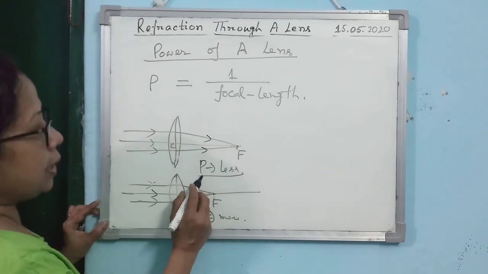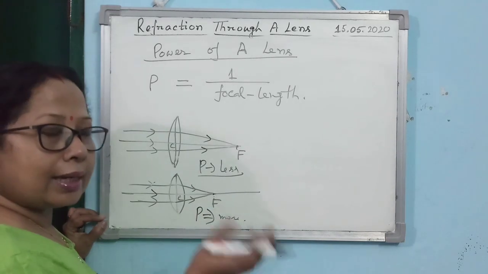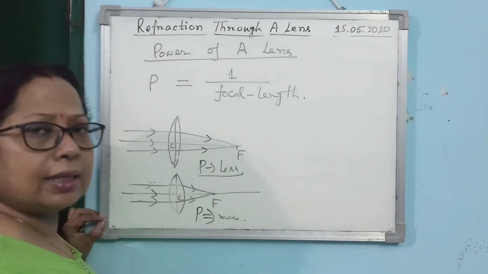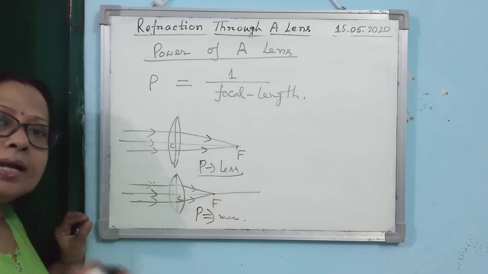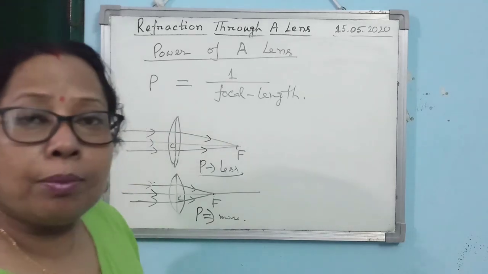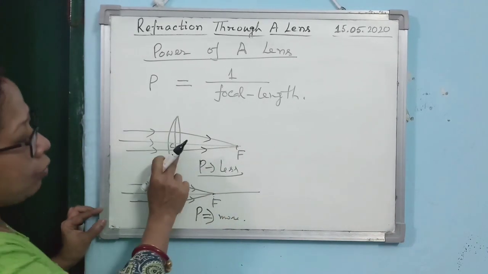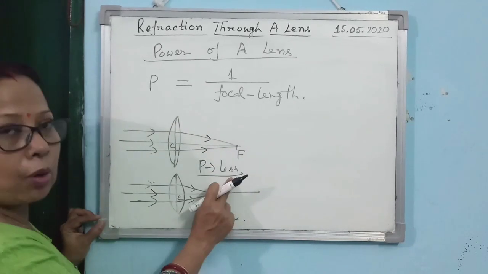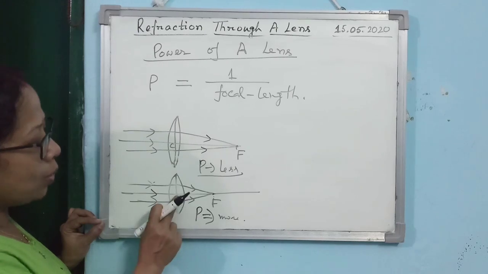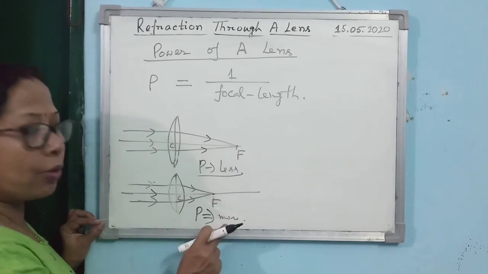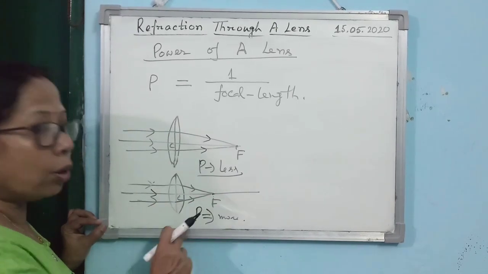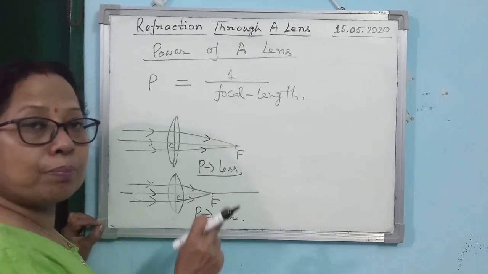So you see, what I said, the definition is ability to converge and diverge. But from that definition, it is difficult to measure power. But if we apply the concept here, you see, when the focal length is bigger, power is less. And in this case, when the focal length is smaller, power is more. Alright. So, how we measure power of a lens?